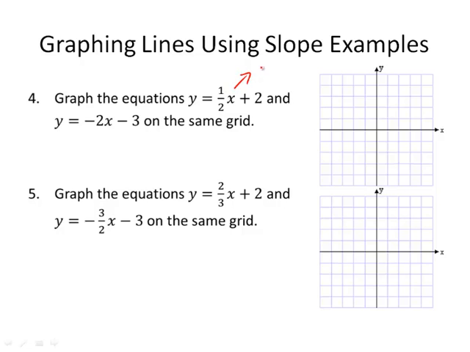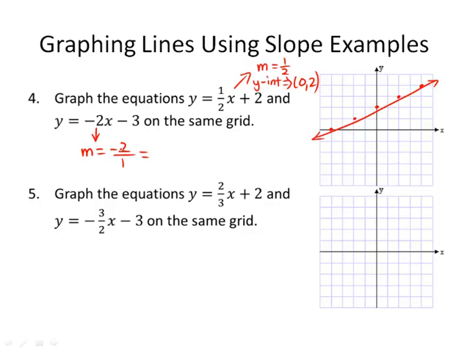In this question here, our slope is also 1/2 and our y-intercept is 0, 2. So let's graph that. 0, 2, up 1 over 2, or down 1, left 2, down 1, left 2. We've got slope to be -2. Remember, if it's a whole number, it's always over 1.